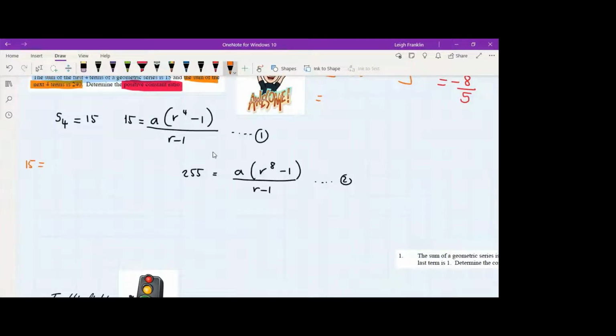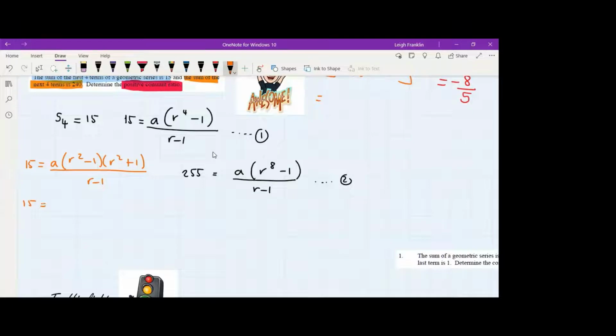So the 15 is equal to a, and then here you could write that as (r squared minus 1)(r squared plus 1). And then at the bottom you've got r minus 1.